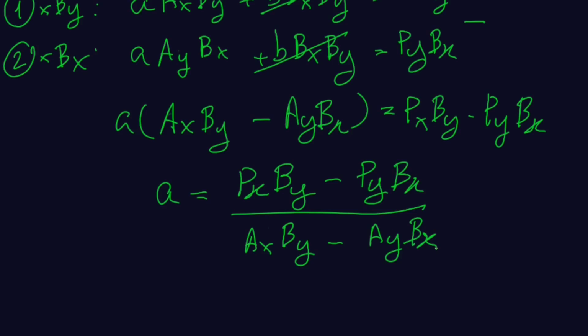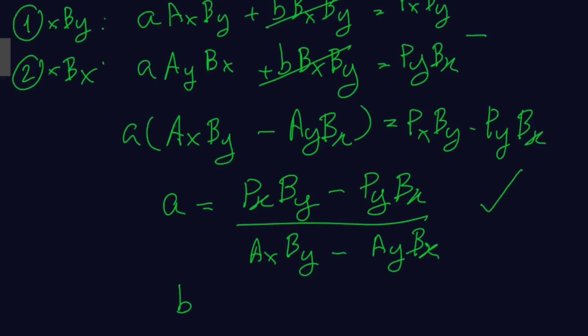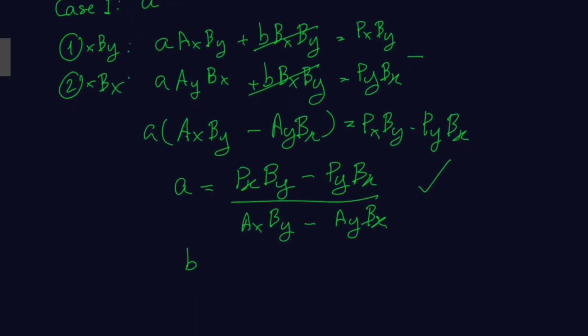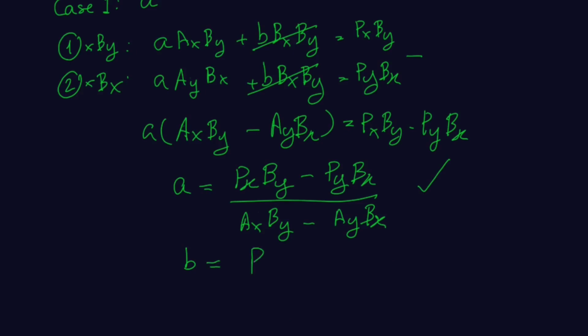Then we can calculate B using this equation. So it will be Px minus A times Ax divided by Bx. Once we got those two, we can calculate the cost.